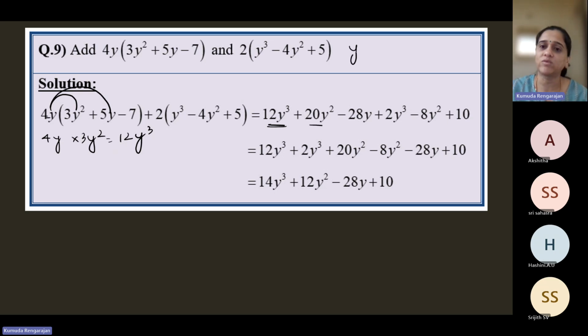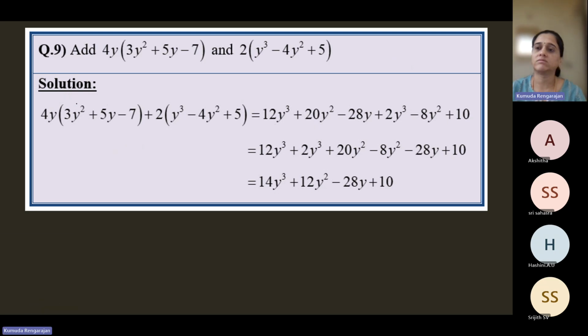How is y into y, y square? Because the bases are the same, laws of exponents. The bases are the same and it's multiplication, so we need to add the powers. y is y to the power 1, y is y to the power 1. So when you multiply, add the powers, 1 plus 1, 2. So when you multiply these two, you get 20y square.